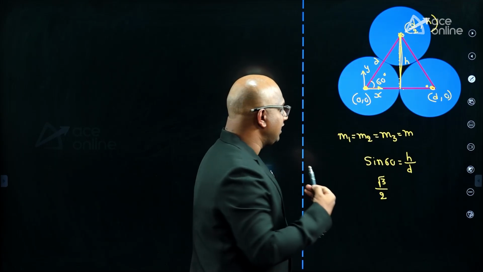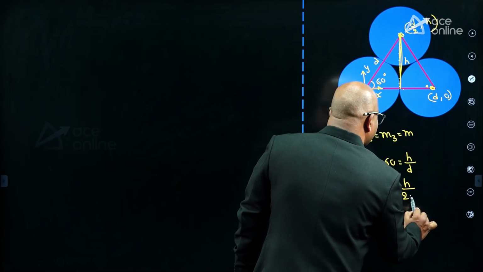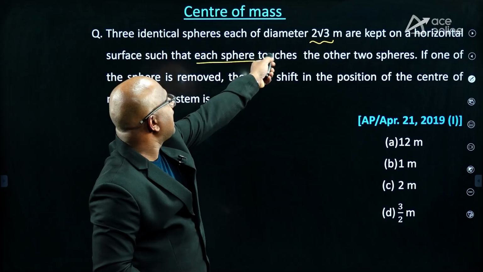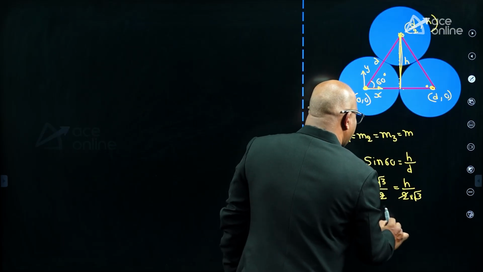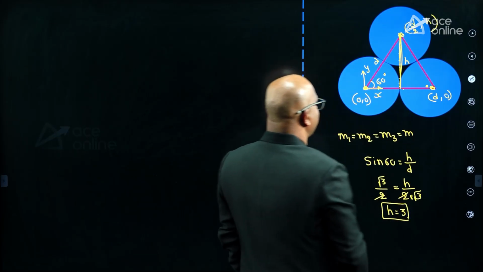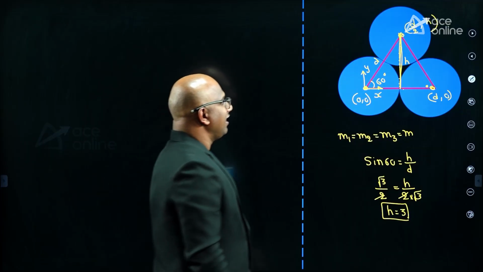Root 3 by 2 equals H by how much? 2 into root 3, because the diameter is given as 2 root 3. The 2 gets cancelled. H equals how much? 3. So H equals 3.